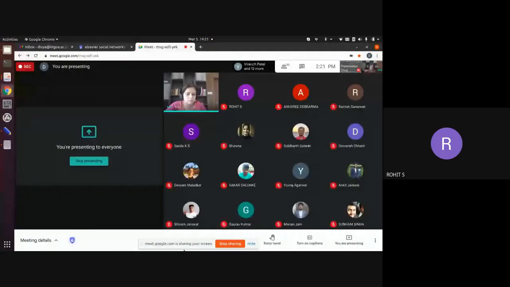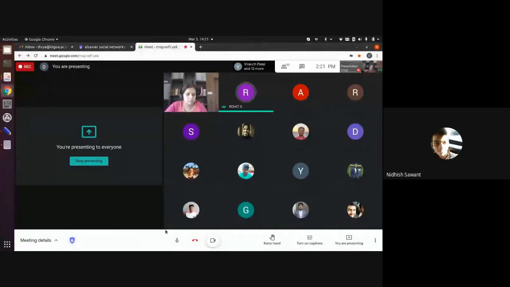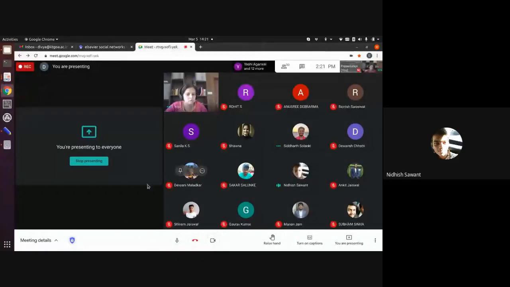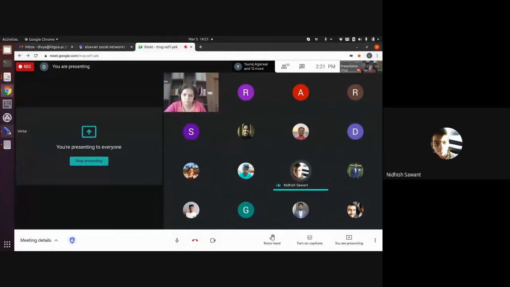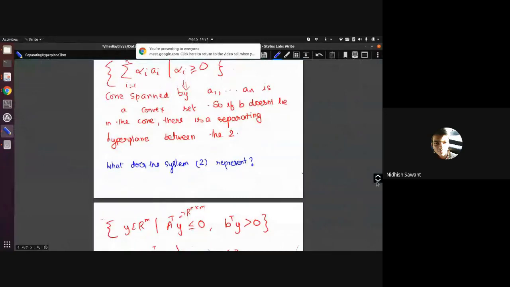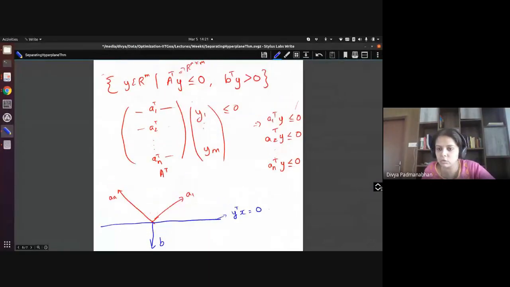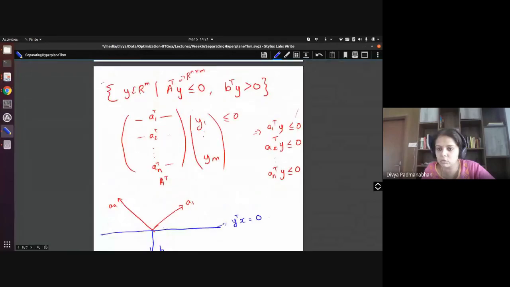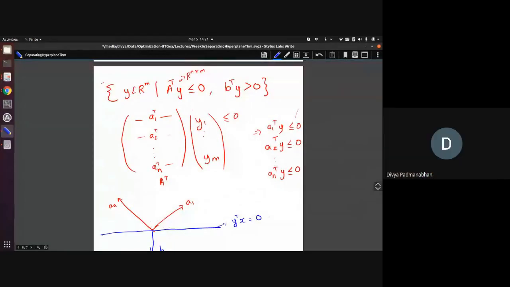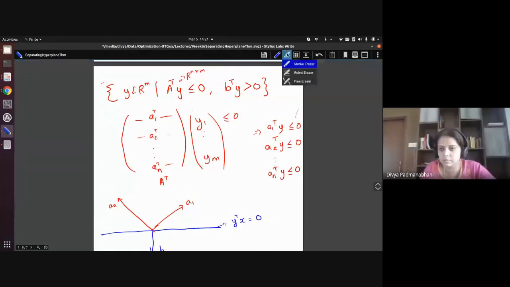Ma'am, I didn't understand why all the Ais will lie on the same side. I mean, AN and A1 can also create obtuse angles, right? So there is no plane between them. Okay, so with Y, they should have obtuse angles.